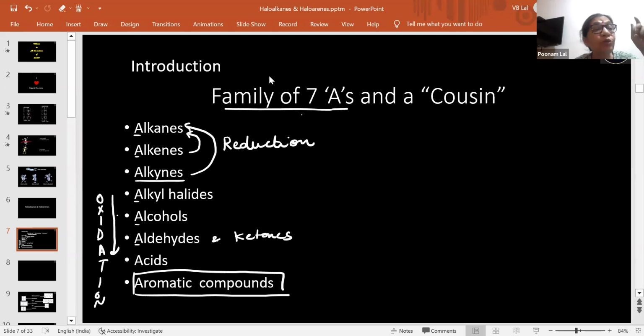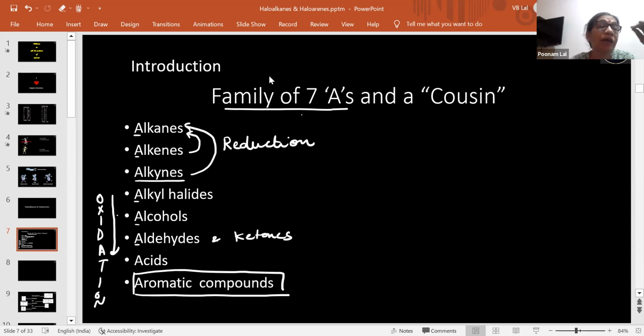So there is some link there. From top to bottom, you are oxidizing. From bottom to top, you are reducing. It is just like the activity series which you would have learned along with the redox reactions. So you could be oxidizing or reducing, and you have to understand the link.